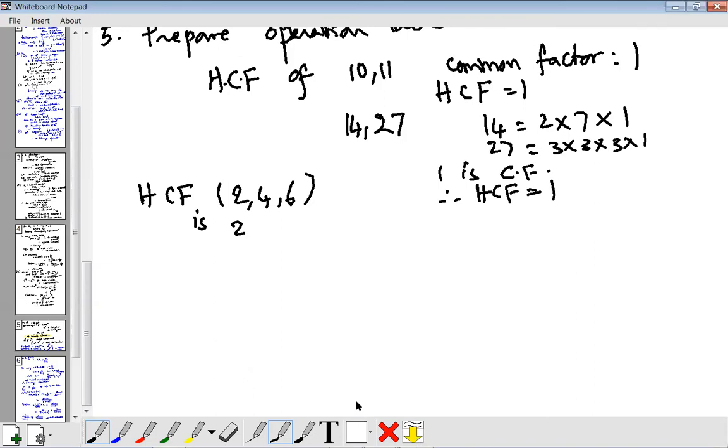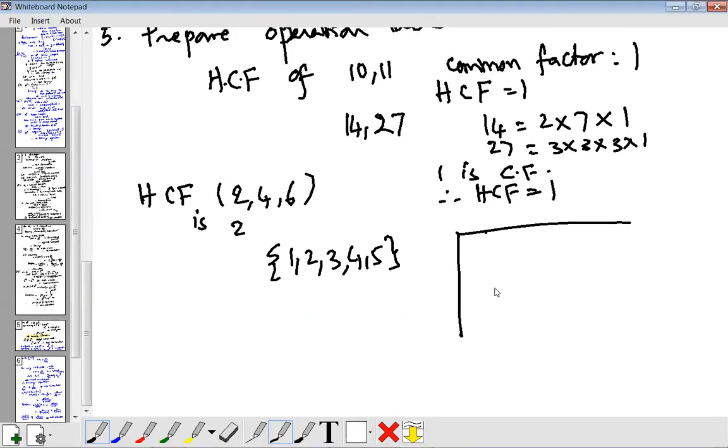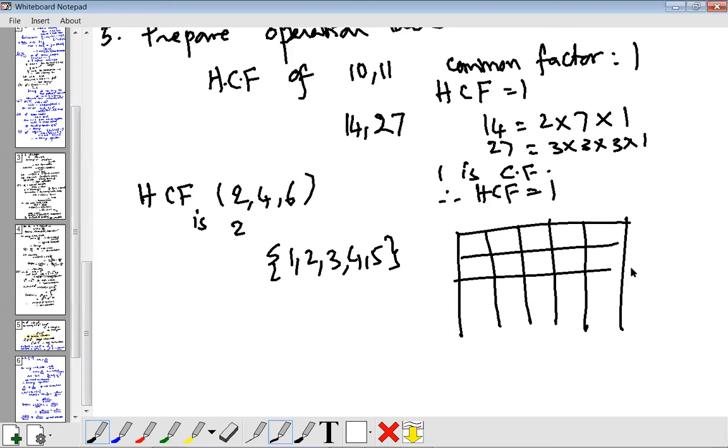In this case, you are looking at 1, 2, 3, 4, 5. You have to take 1, 2, 3, 4, 5 only. Which means you make a table with 1, 2, 3, 4, 5 and one more 5.